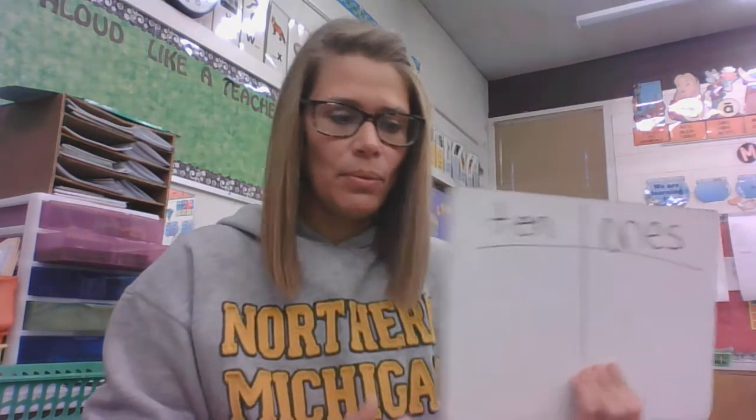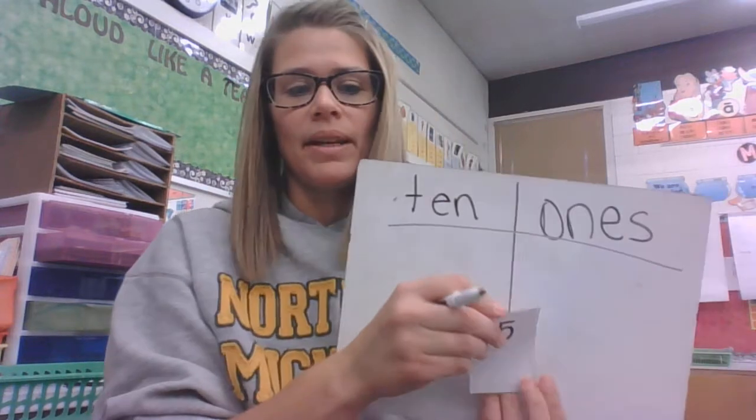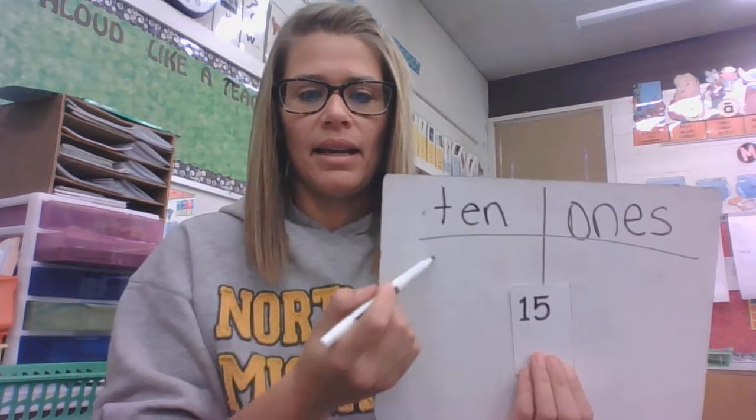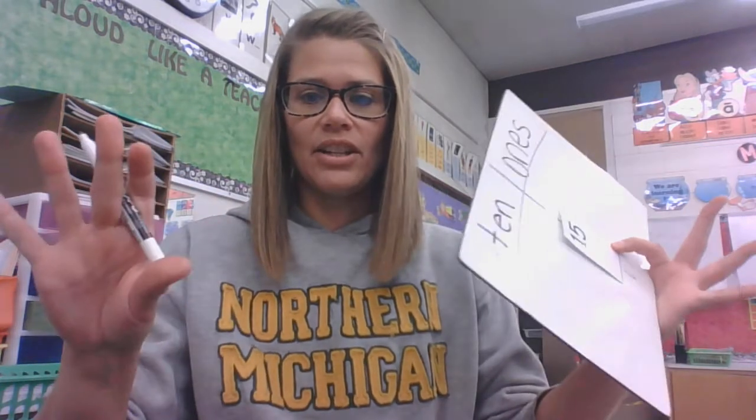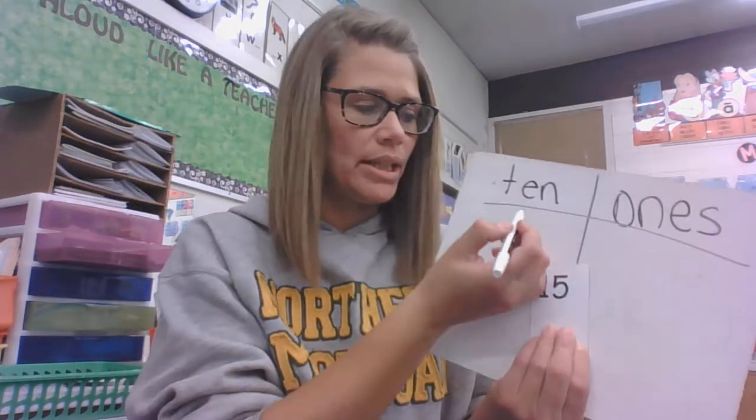We're also going to take a look at some place value charts today. So this is our place value chart. It shows me how many 10s are in a number and how many 1s are in the number. So in that number 15, how many 10s did we pull out? 1, right? And you also flashed the 10 on your hand just one time.